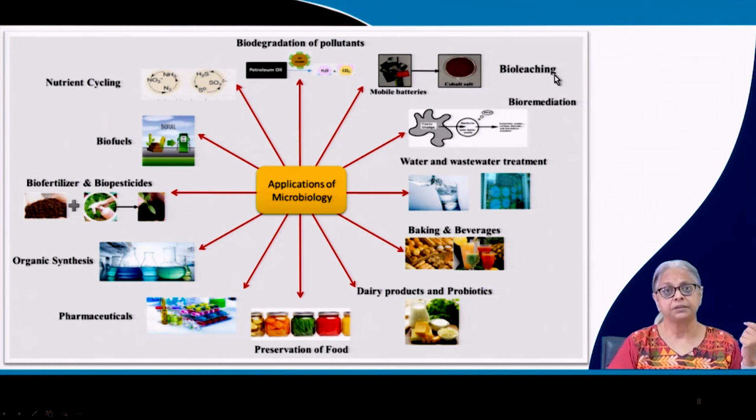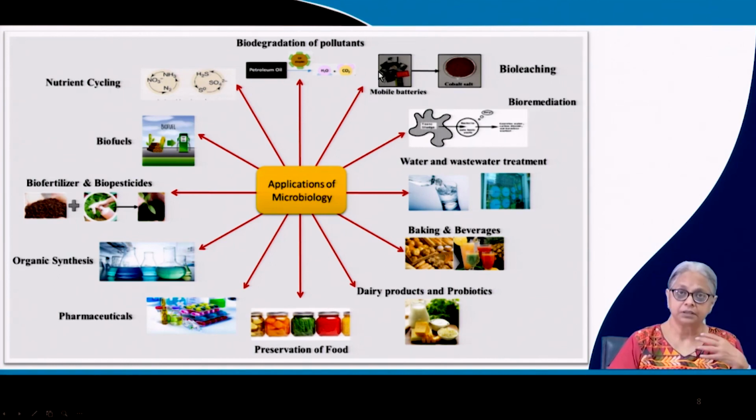A new area that has emerged is bioleaching. Now, I want to extract metals from certain products. So, for example, mobile phone batteries, mobile phones themselves, these can be bioleached. There are industrial level examples as well as lab level examples where these materials can be extracted.